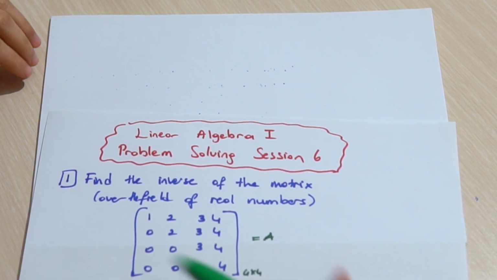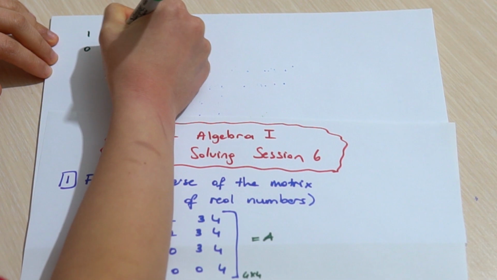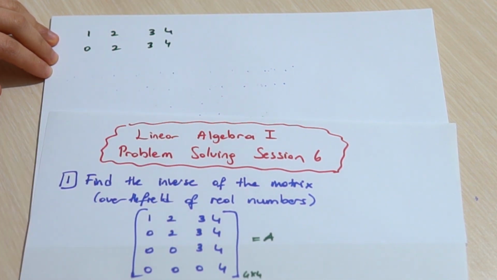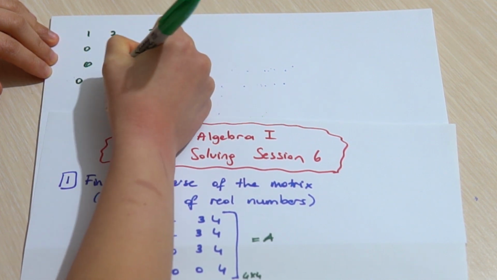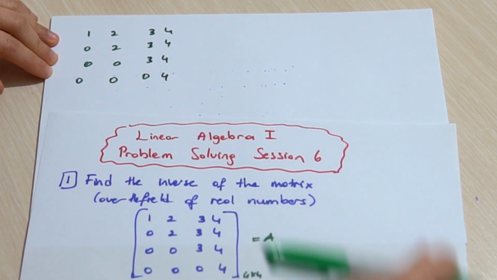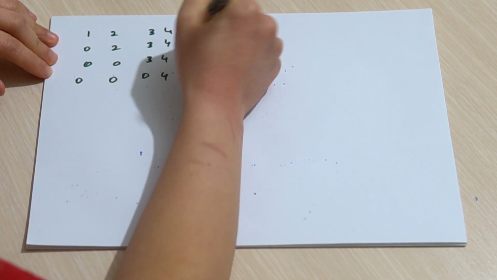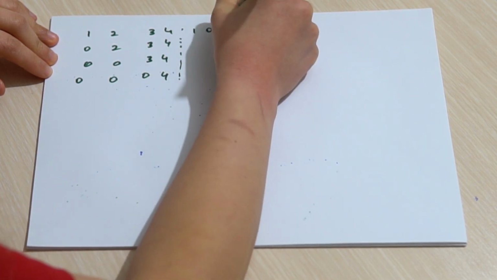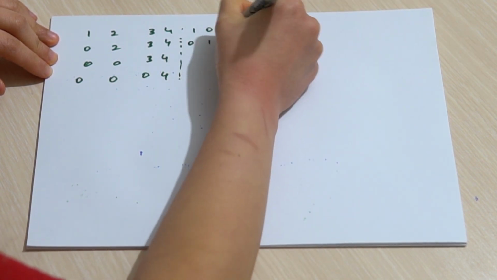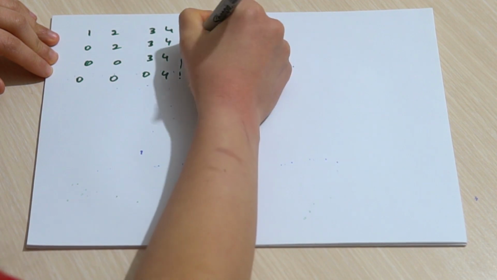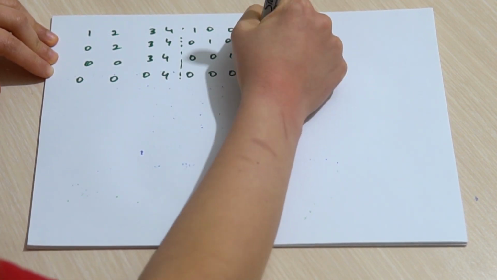In our case, we have 1, 2, 3, 4, 0, 2, 3, 4 and 0, 0, 3, 4 and 0, 0, 0, 4. This is our matrix. And on the right side we have the 4 by 4 identity: 1, 0, 0, 0, 0, 1, 0, 0, 0, 0, 1, 0, 0, 0, 0, 1.